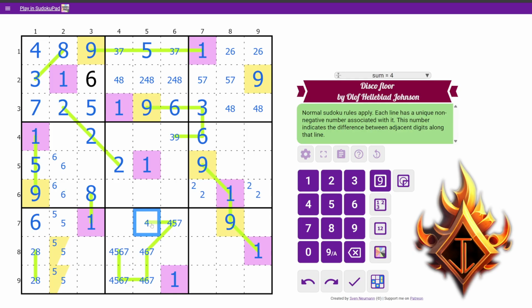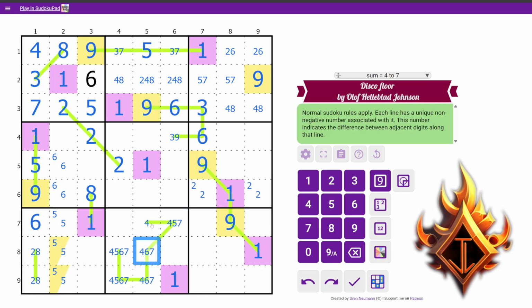Right, so does this have to be a 4? Yeah, 4 is the only number this can be.